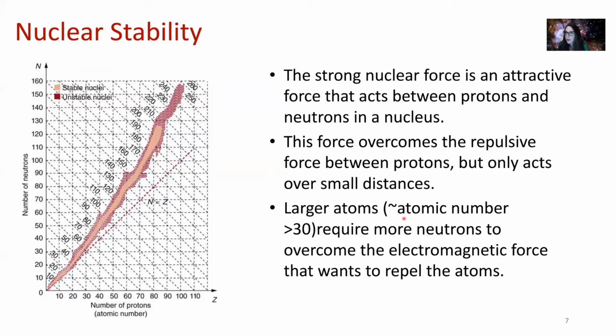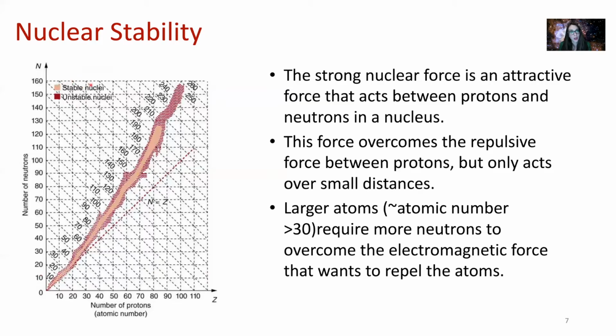Larger atoms with atomic numbers greater than about 30 require more neutrons to overcome the electromagnetic force that wants to repel the protons. Here we have a graph that shows the number of neutrons versus the number of protons. When the number of neutrons equals the number of protons, that would be this red dotted line here.